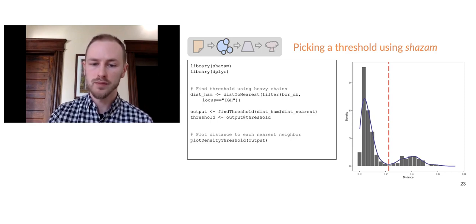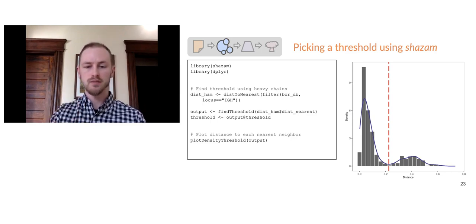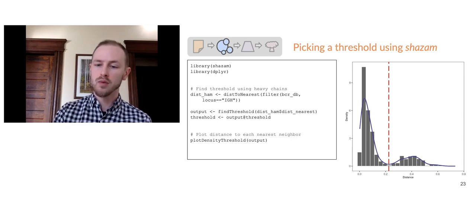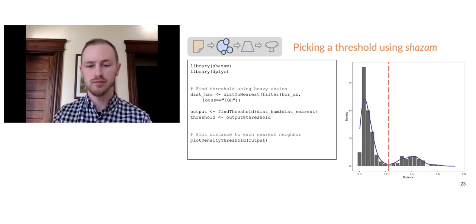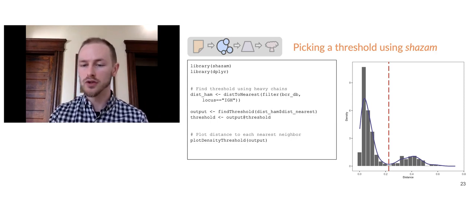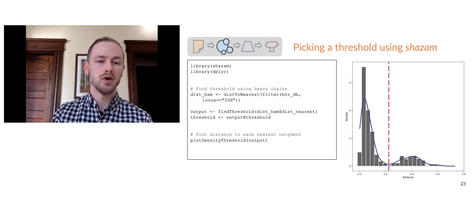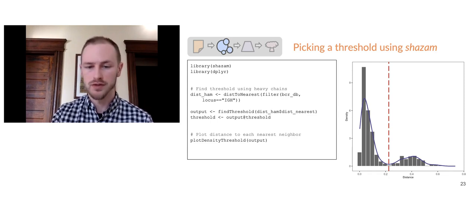So the left mode is interpreted as comparisons within clones, while the right distribution is interpreted as comparisons between clones. And the optimal cutoff is the local minimum between them. So findThreshold is really trying to find this local minimum between these two bimodal distributions.